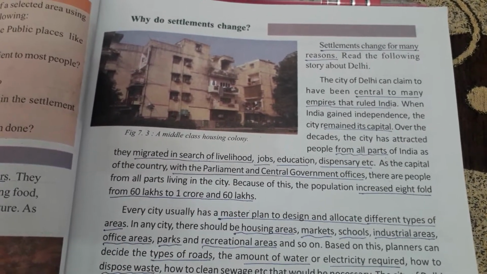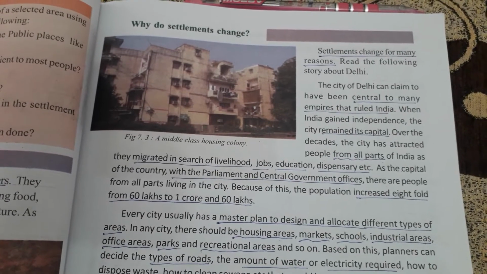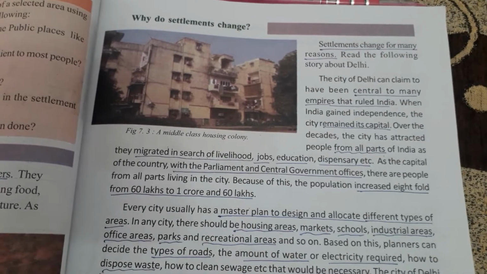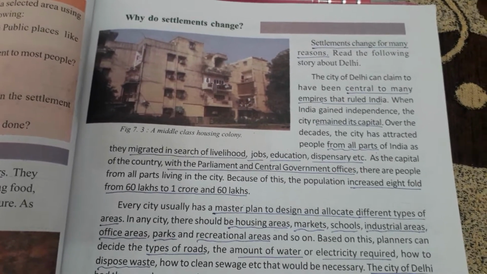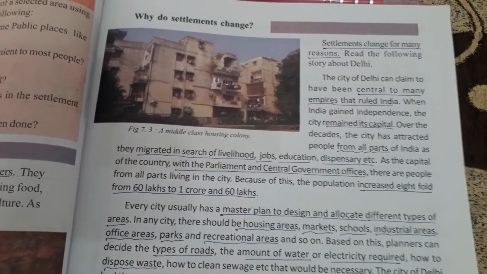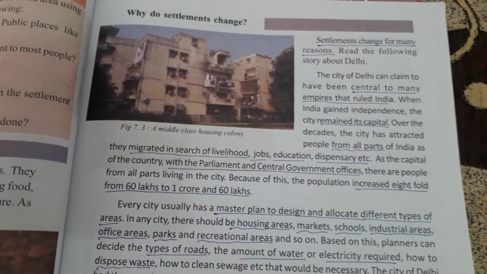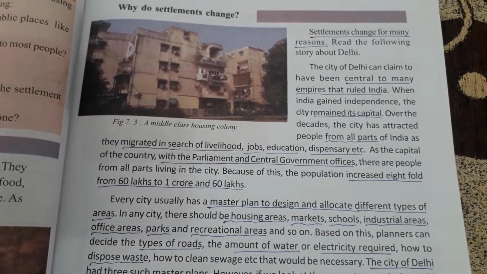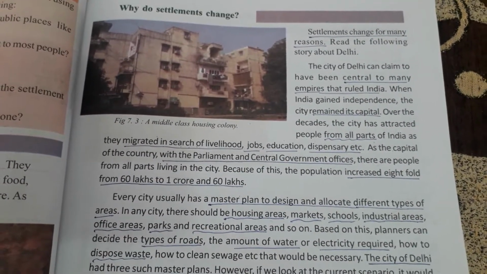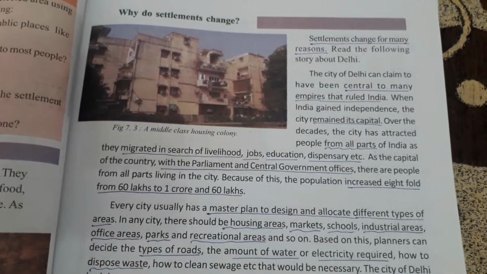So that's why so many people will come and live in the city for their works, for the jobs, for their development. Because of this, the population increased eightfold from 60 lakhs to 1 crore and 60 lakhs. So that's why the population was grown.